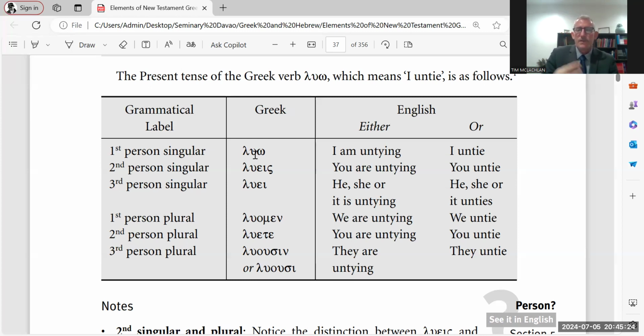The subject is the main person, the one doing the action. So you go back to a verb like luo, for example. This is present active indicative, and the subject is I'm actually doing the action. If it was passive, it would be I am receiving the action. So the verb would appear in a different form.